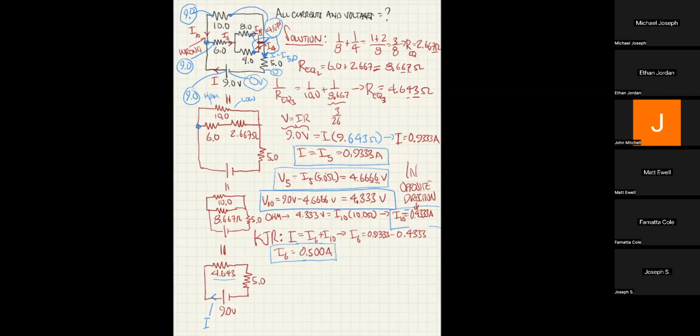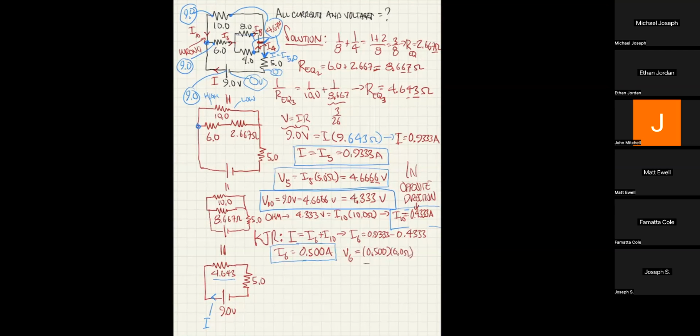And again, according to Ohm's law, V6 is going to be equal to 0.500 times basically the ohms, which is 6.0 ohms.